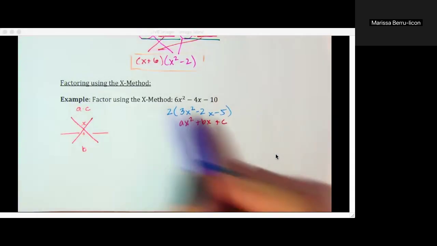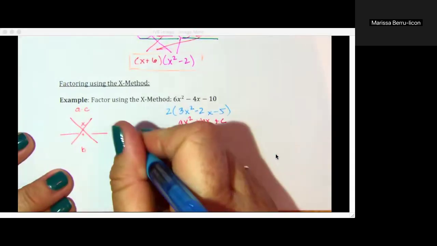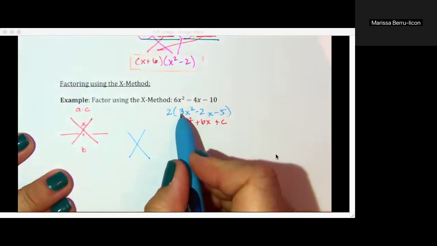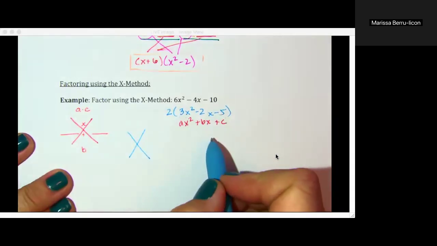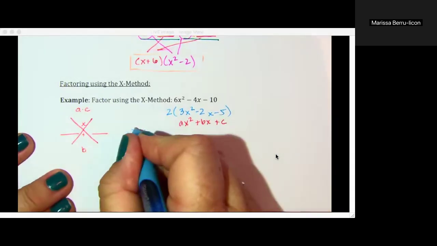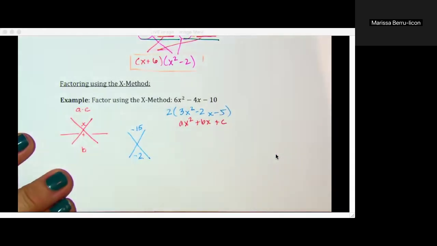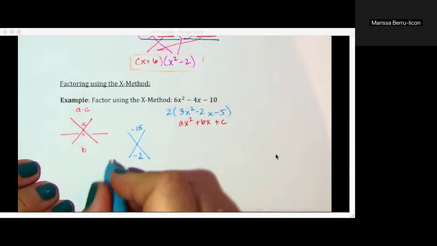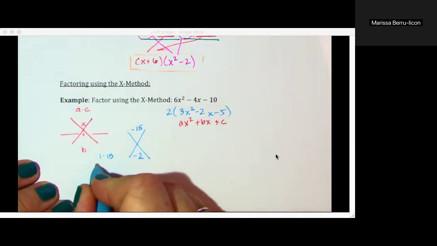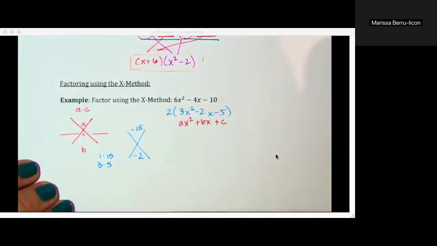So in the example we're looking at over here, I have 3 is my a and -5 is my c. 3 times -5 is -15. And my b value is -2. Now, 15 is a relatively small number, so we can think about what multiplies to 15. Well, that's 1 times 15 and 3 times 5, and those are my only options.